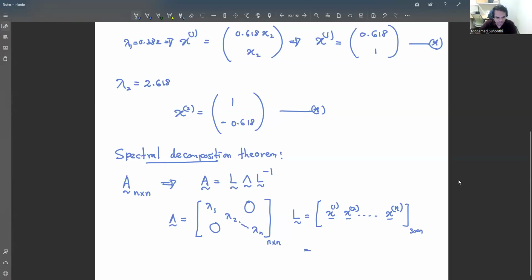How 3 by n? Because each eigenvector has three components, x1, x2, x3.